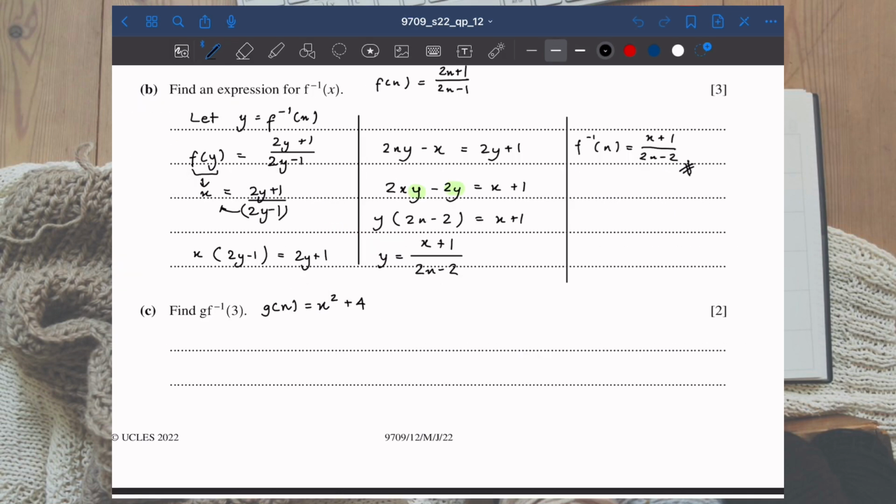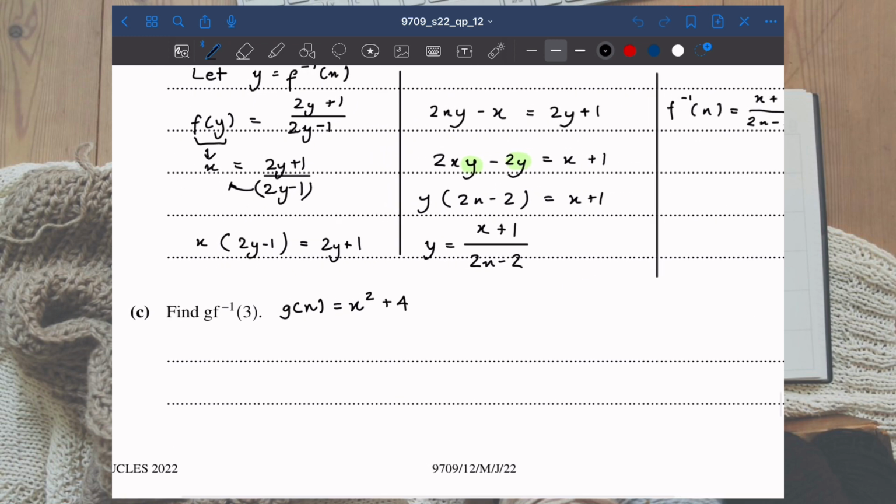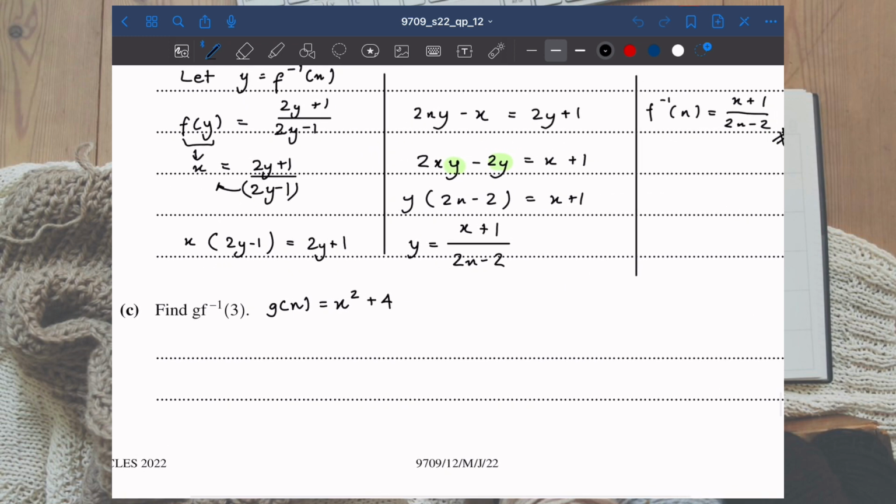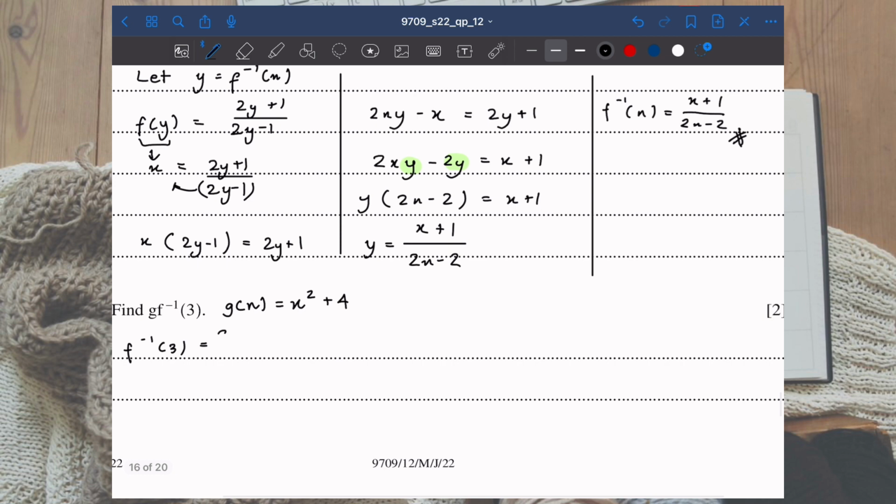Part C, find gf inverse of 3. So the first step we can do is find f inverse of 3. So f inverse of 3 will be (3+1) over (2 times 3 minus 2).